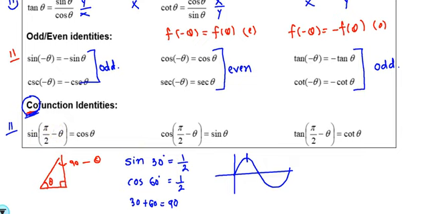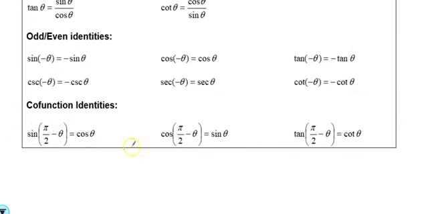Now sometimes you will see sine of theta minus pi over 2. Do you think that's also cosine theta? That's not cosine theta, that will be negative cosine theta, because a minus b is never the same as b minus a unless it's an even function.